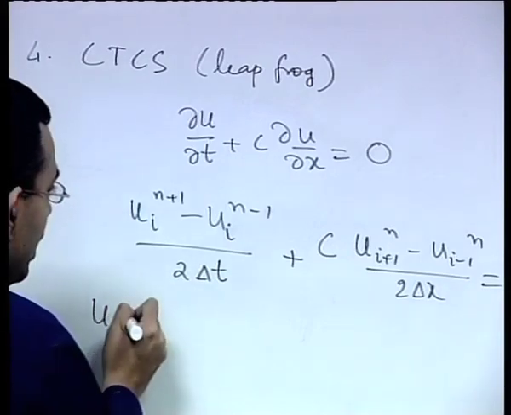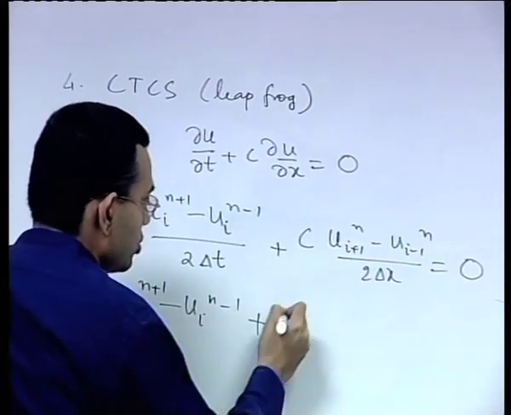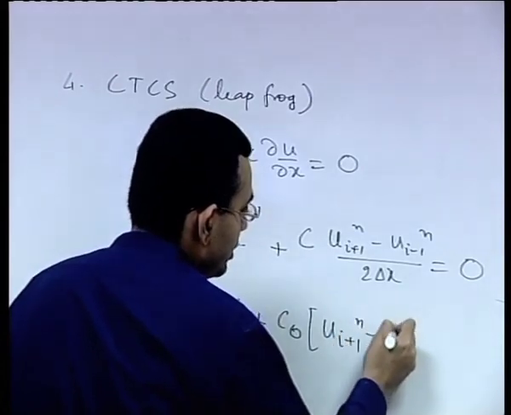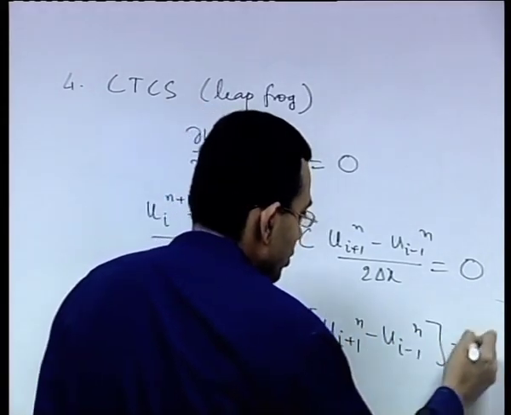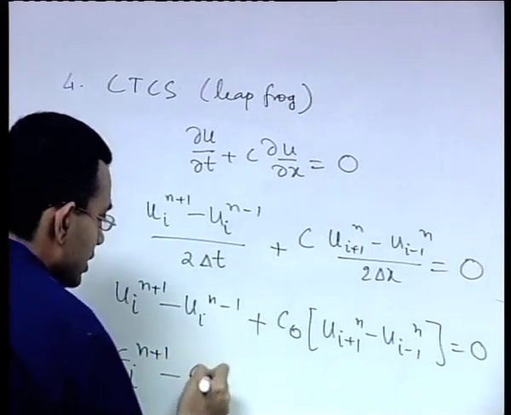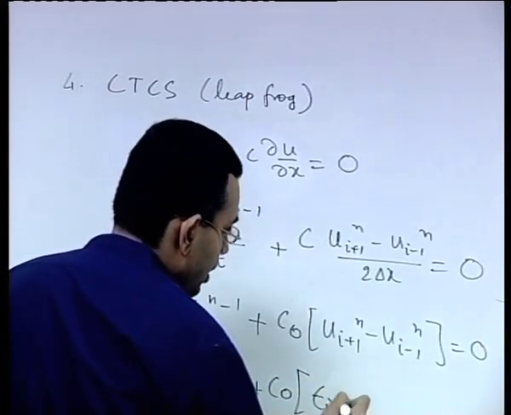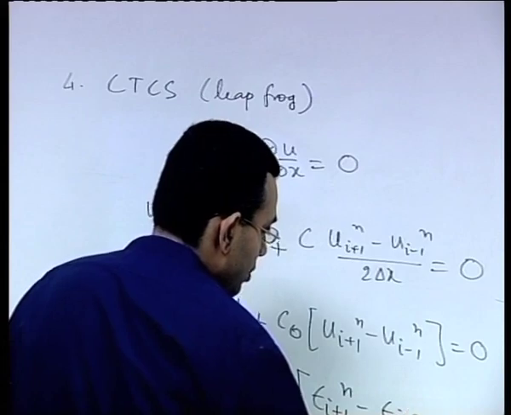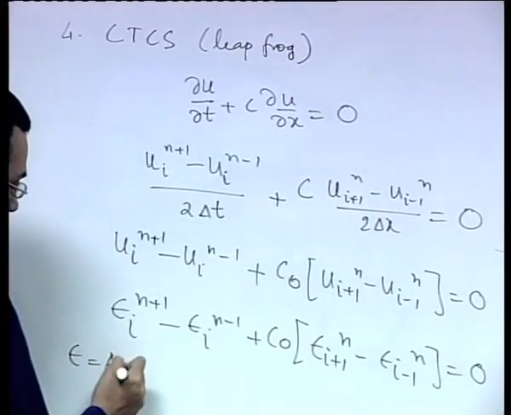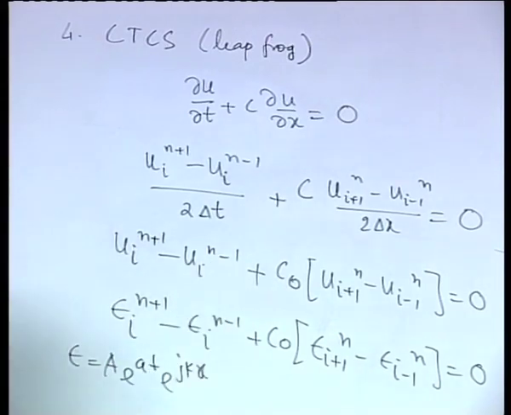So, you have u I n plus 1 minus u I n minus 1 plus Courant number into u I plus 1 n minus u I minus 1 n equal to 0. The corresponding error equation is epsilon I n plus 1 minus epsilon I n minus 1 plus Courant number epsilon I plus 1 n minus epsilon I minus 1 n equal to 0. Epsilon is e to the power a t into e to the power j k x.